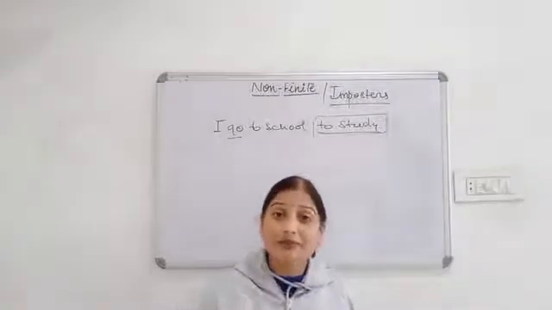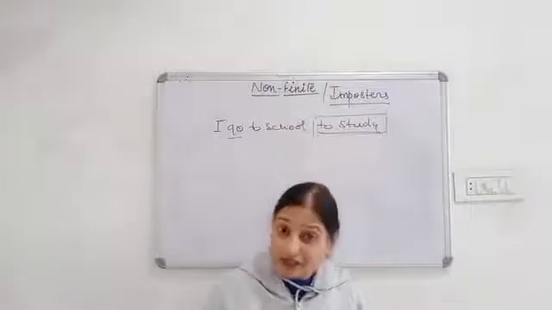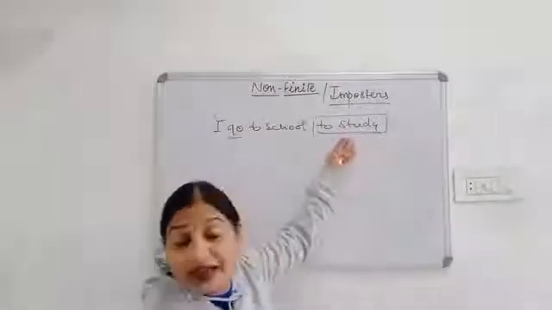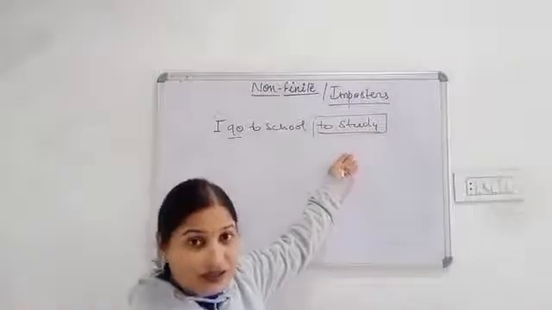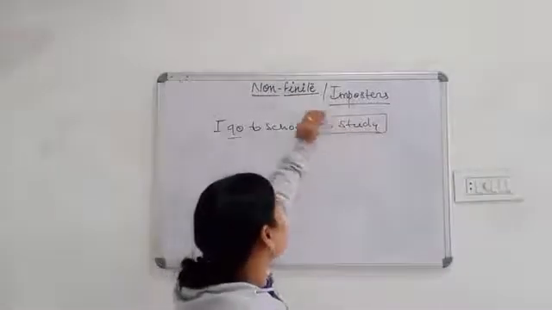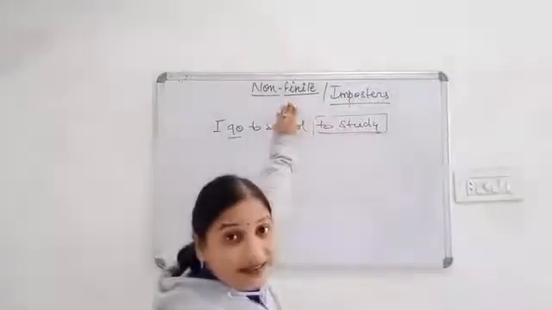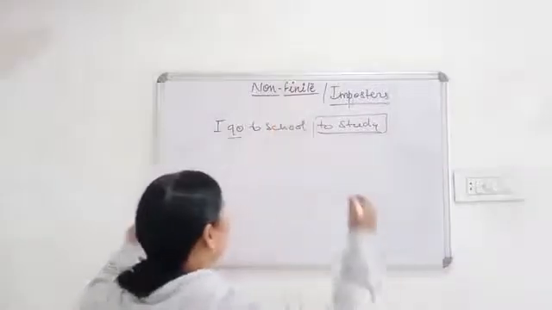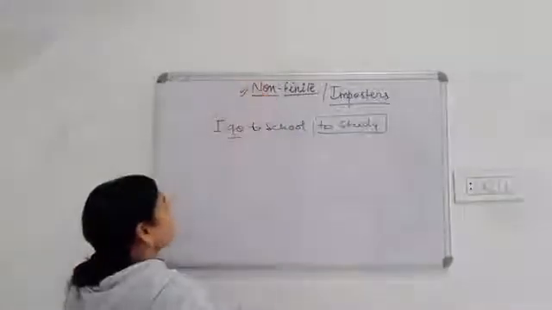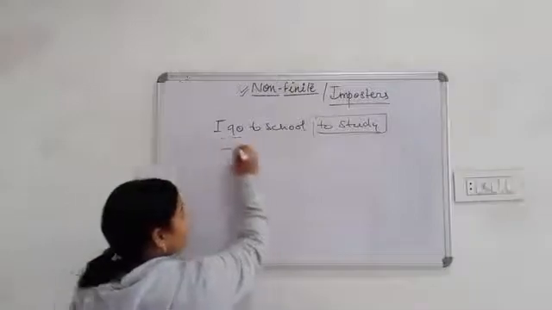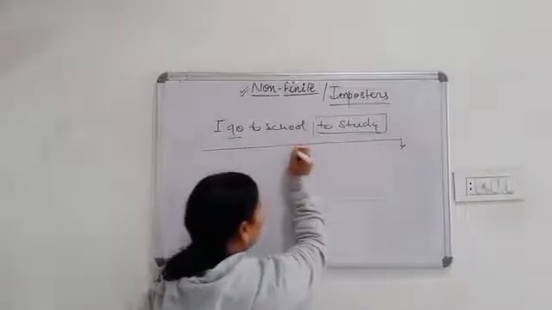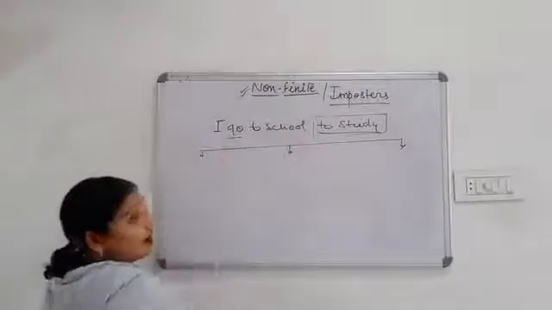Then what can it be? If it is not a verb, then what can it be? Understood? It can be non-finite. So the topic is non-finite. Now children, we have three different types of non-finite.